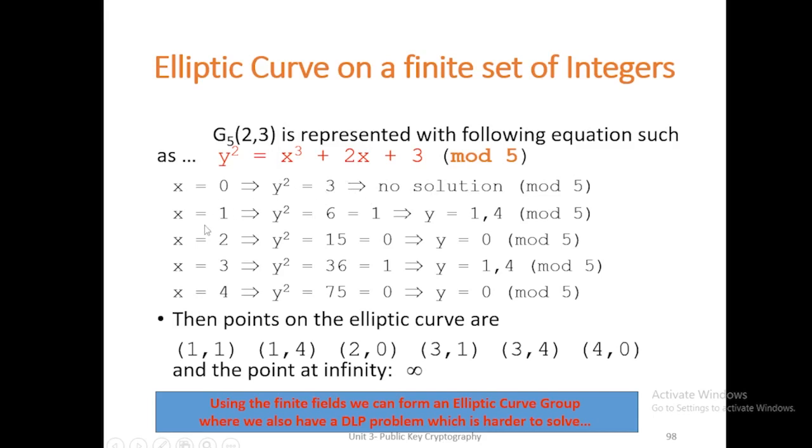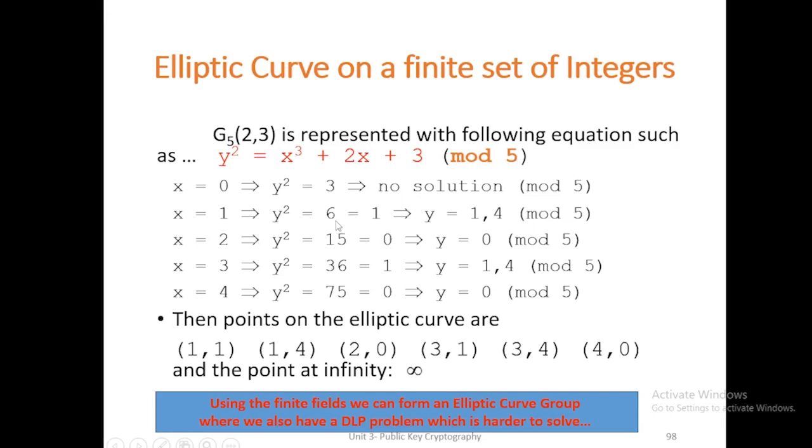Let us take x equal to 1. Substituting, 1 plus 2 plus 3 is 6. y squared is 6. So 6 mod 5 will give the remainder 1. If y squared is equal to 1, the y value may be 1. And for the possible points, the resultant value is 6. Consider, for example, 16 mod 5. 16 mod 5 will also give the remainder 1.